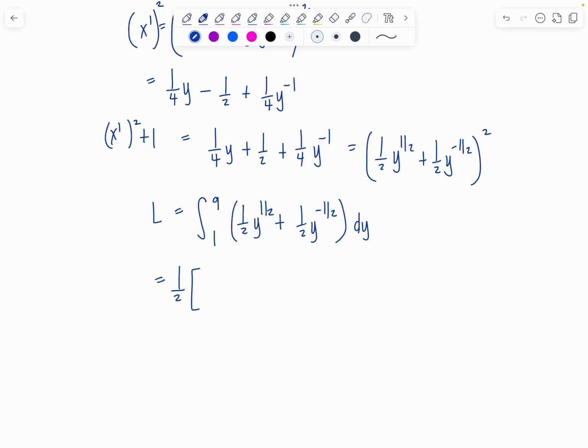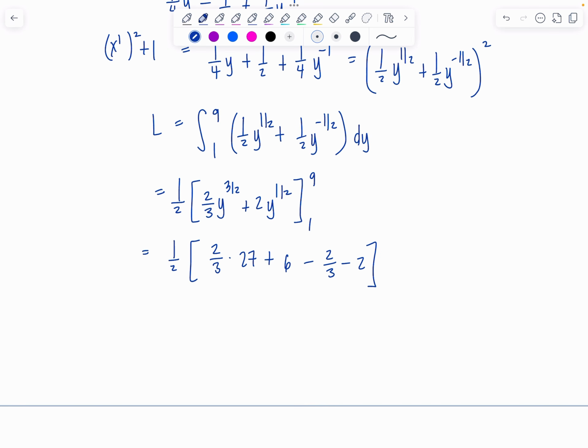So add 1 to the exponent, divide by the new exponent. Remember, I took the 1/2 out on the other one, so it'll be y to the positive 1/2, and I'll have a 2 in the front, yes? Yes, okay, 1/2, 2/3, 9 to the 3/2, that's 27, plus 2 times 3 is 6, minus 2/3 minus 2.